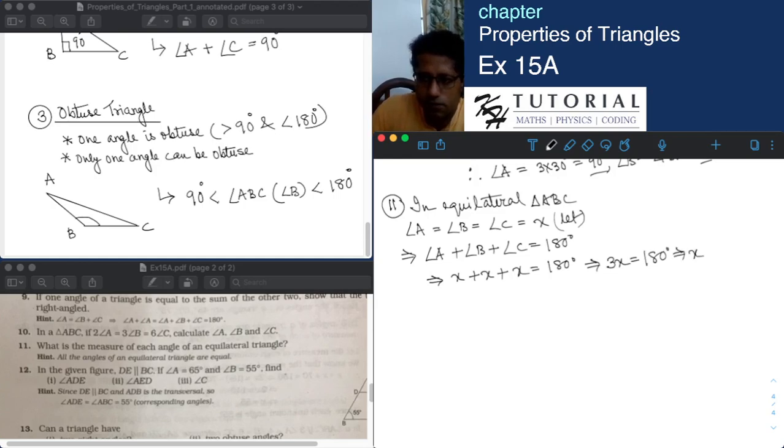This implies x equals 60 degrees. So we have found that each angle A, B, and C, which we have assumed to be x, is 60 degrees. Each angle of an equilateral triangle is 60 degrees. And what is an equilateral triangle? An equilateral triangle is a triangle where the lengths of all the sides are equal.